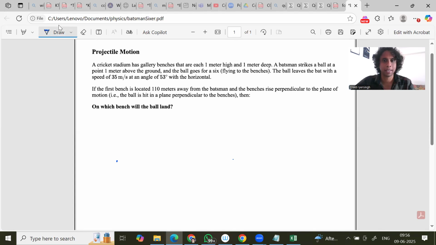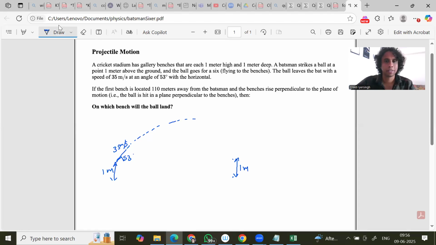So let us say that the ground is here and it's 1 meter from here that the batsman hits the ball. And it goes at an angle of 53 degrees to the horizontal at a speed of 35 meters a second.